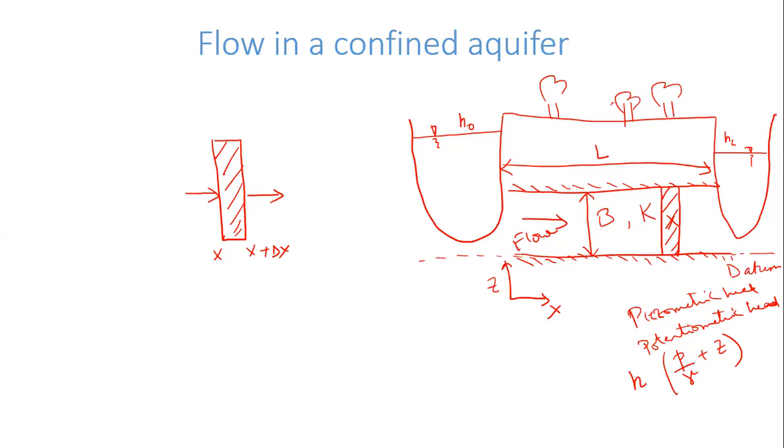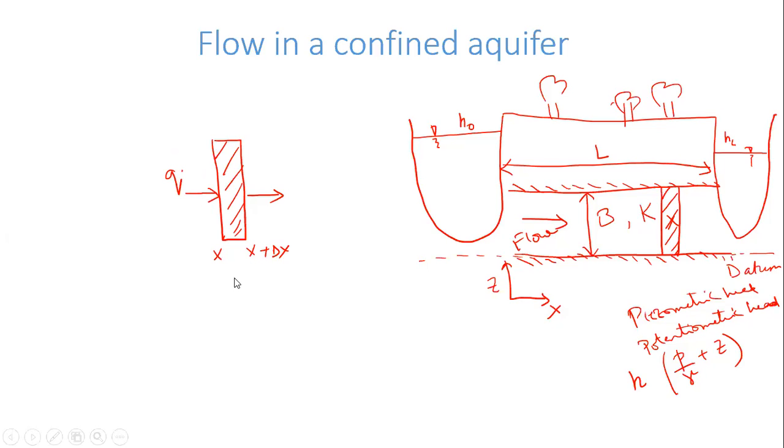At some distance X, let us say the discharge, the flow coming into this, is Q. This is our Darcy velocity multiplied by what to get it converted into discharge? Area. Now, what is the area of cross section of this infinitesimal slice?